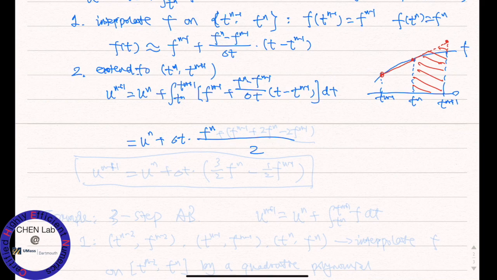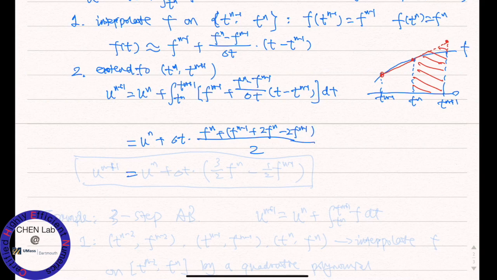Now you plug in t_{n+1}, and you get f_{n-1} plus 2 delta t cancels, so you get 2 f_n minus f_{n-1}.